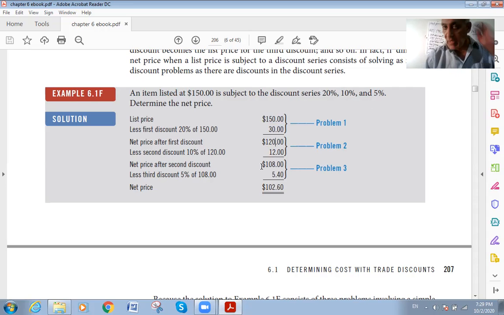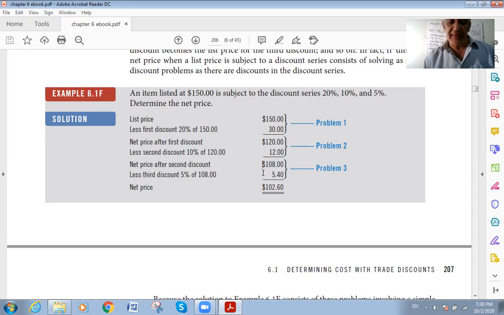Okay. When you go to the retailer, for example, there is an extra discount of 10%. So the 120 would be multiplied by 10%, then the discount amount will be $12. So $120 minus $12 will give you $108. That's fine.